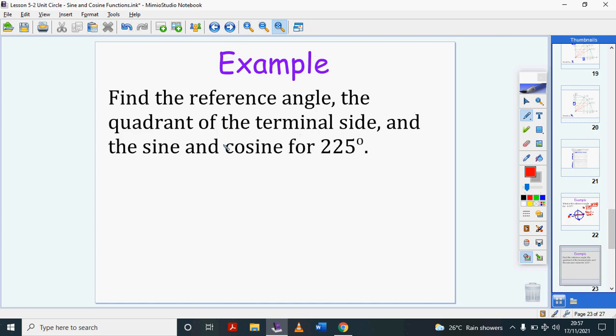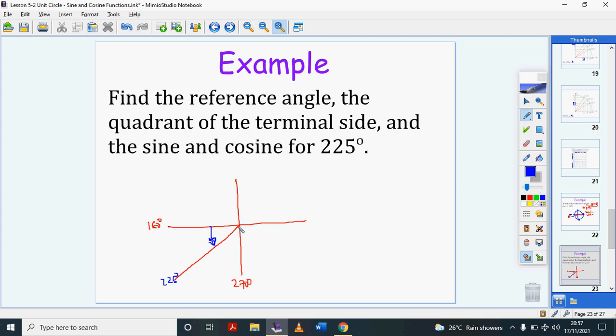Find the reference angle, the quadrant of the terminal side, and the sine and cosine for 225. I know this is 270 degrees, and this is 180 degrees, so 225 should be somewhere in here. If I want to find the reference angle, I need to look for the angle that this 225 makes with the x-axis.